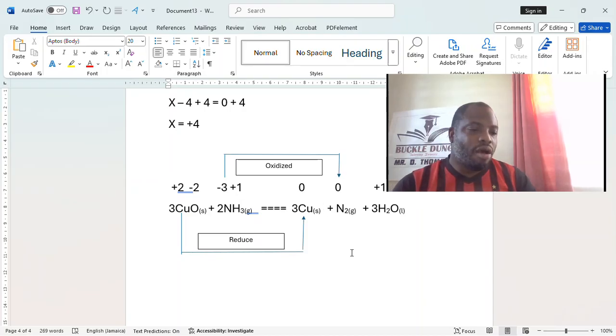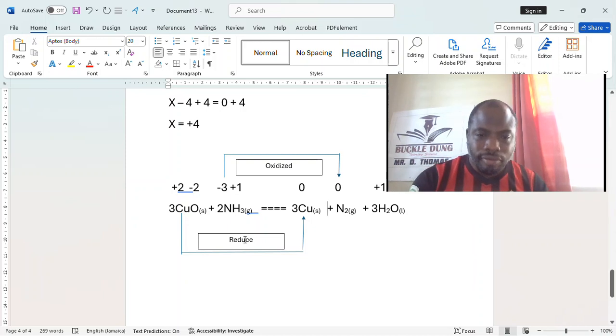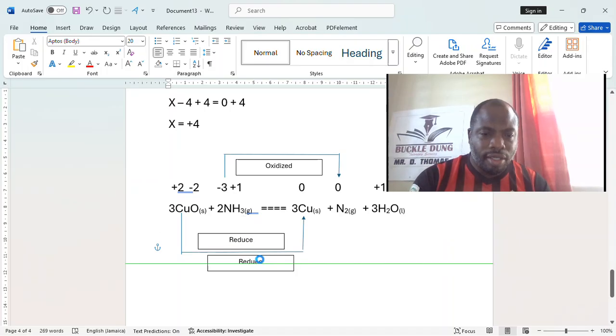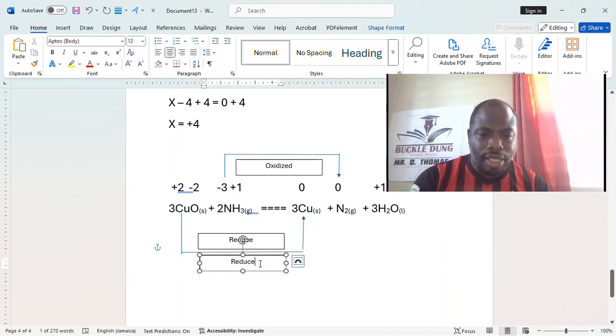So who is causing oxidation to occur? Who is causing the other compound to have an increase? Oxide.